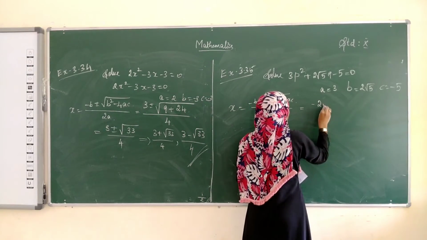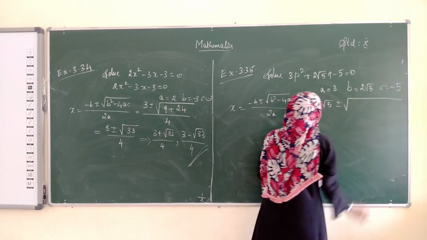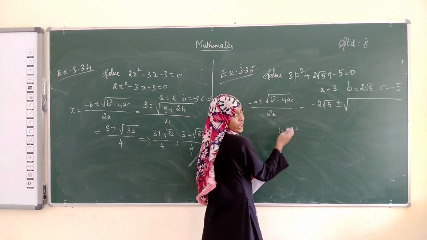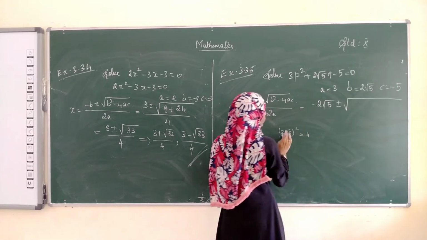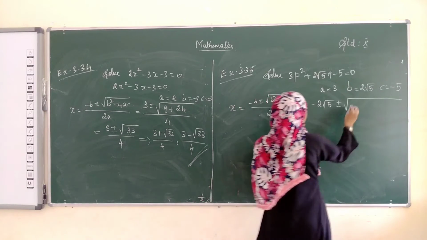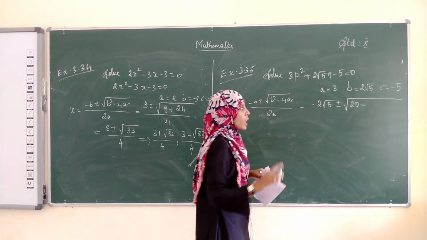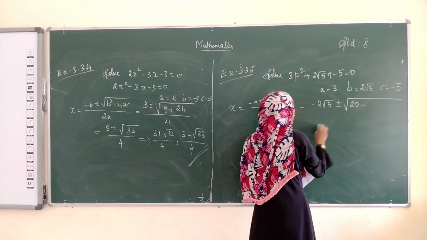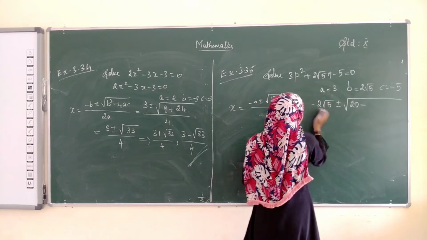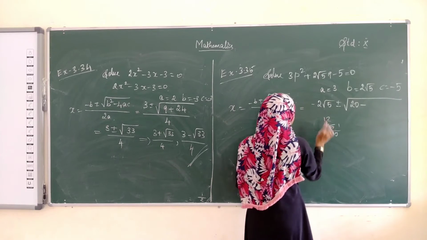Therefore minus 2 into root 5 plus or minus root of b square, that is 2 into root 5 the whole square. Okay, 2 square is 4. Root 5 square is 5. 4 into 5 is 20. b square minus 4 into a into c. 4 threes are 12. 12 into minus 5 is minus 60, right? 5 twos are 10, balance 1, 5 ones are 60.